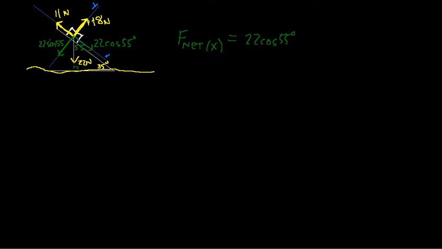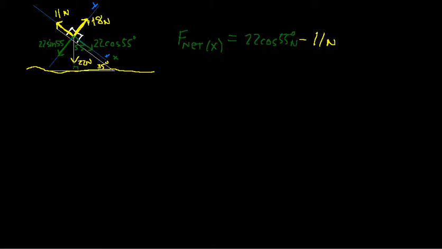Let's say this is the plus x direction, going to the right. As we always, by convention, say, to the right is plus. So we've got the force vector of 22 times the cosine of 55 to the right. To the left of that, we've got 11 newtons. We said that in yellow, so we're going to have minus the 11 newtons.